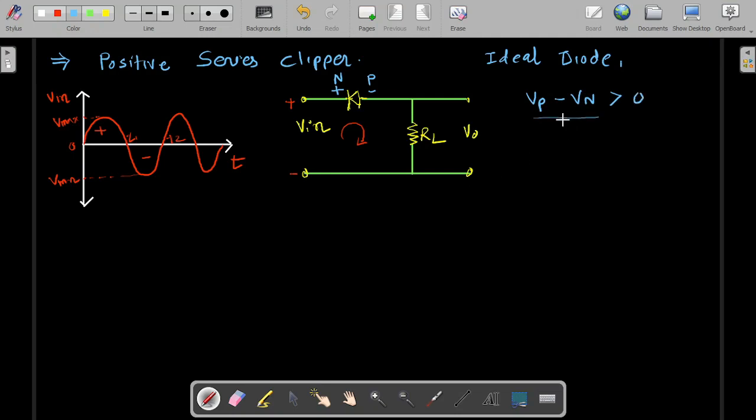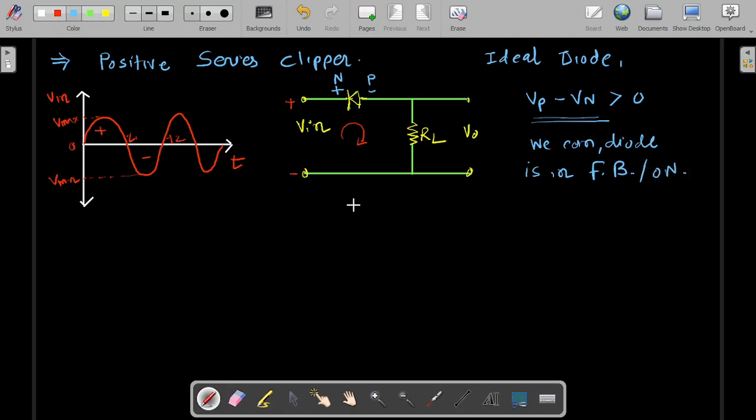If this condition is fulfilled, we can say that the diode is in forward bias or it is on.